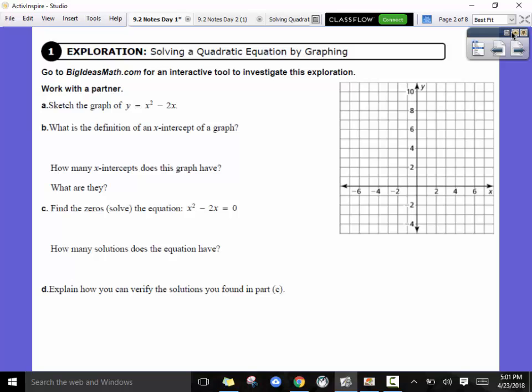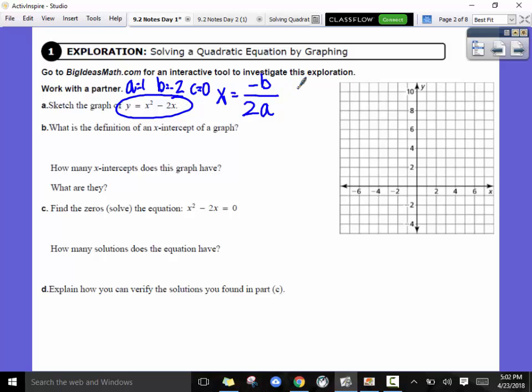So you're going to sketch a graph of y equals x squared minus 2x, and for this one I will help you out with this one before I turn you loose. So remember, first we want to find our axis of symmetry, which is negative b over 2a. You can either put the negative with the b or the negative out front, it doesn't matter. So our axis of symmetry, if I look at my variables here, a would equal 1 because it's 1x squared, b equals negative 2, and c equals 0 because it's plus 0 here.